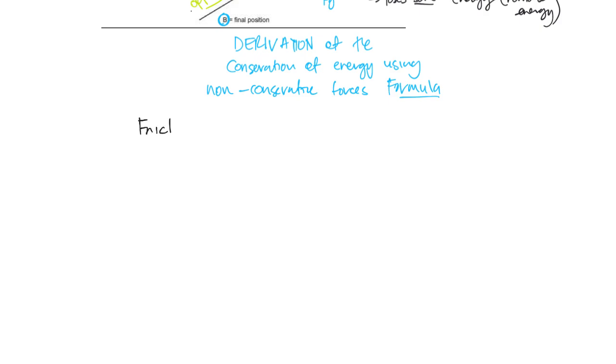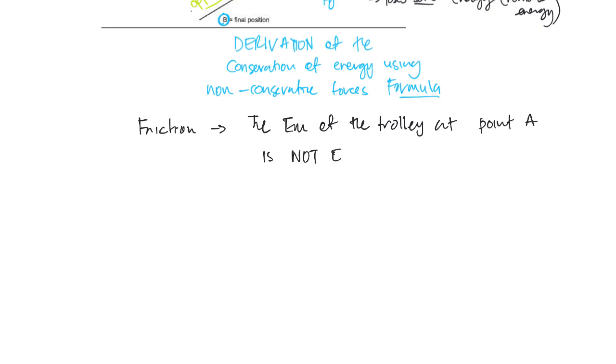Alright, so if I'm looking here, I can say that because of the presence of friction in the setup, the mechanical energy of the trolley at point A is not equal to the mechanical energy at point B. That's the first thing I need to recognize.